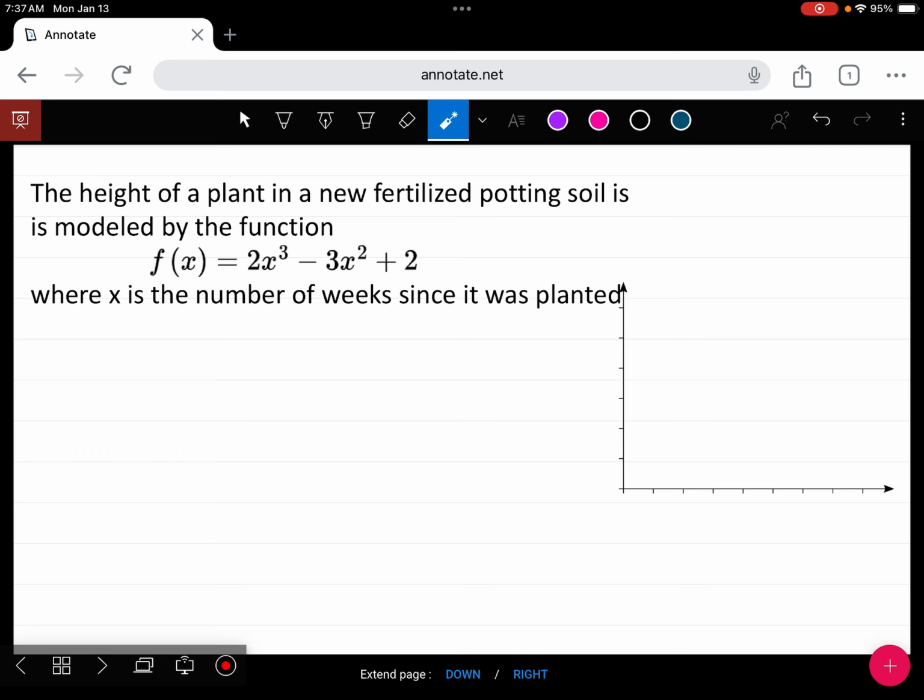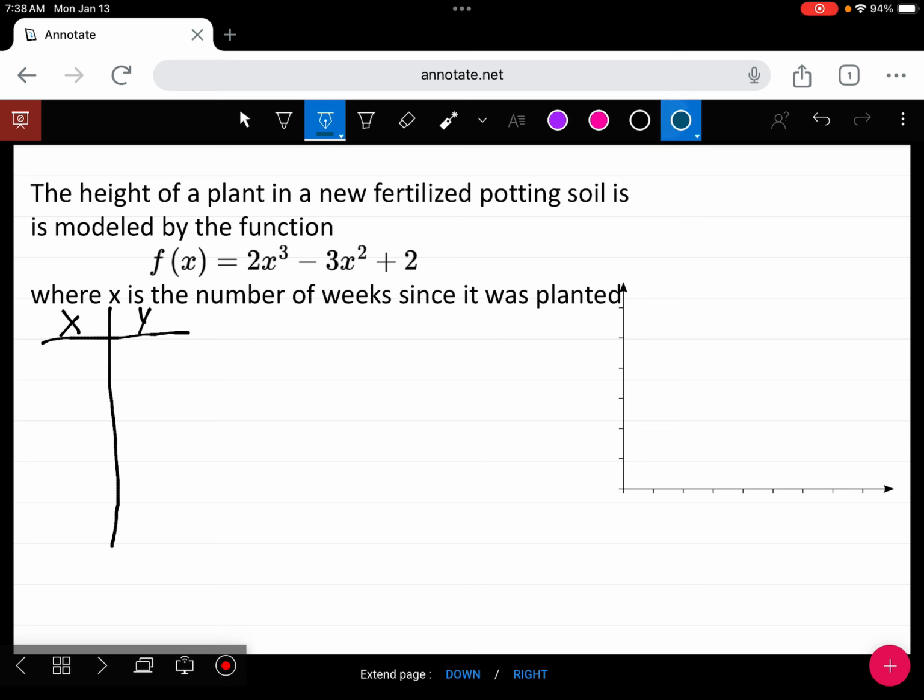So we're going to look at this plant, the vague plant. Maybe it's tomatoes. Maybe it's flowers. Maybe it's a tree. But we're going to try and figure out what is going on with this plant looking at this new potting soil. So we're going to pick some x's. We're going to find some y's.